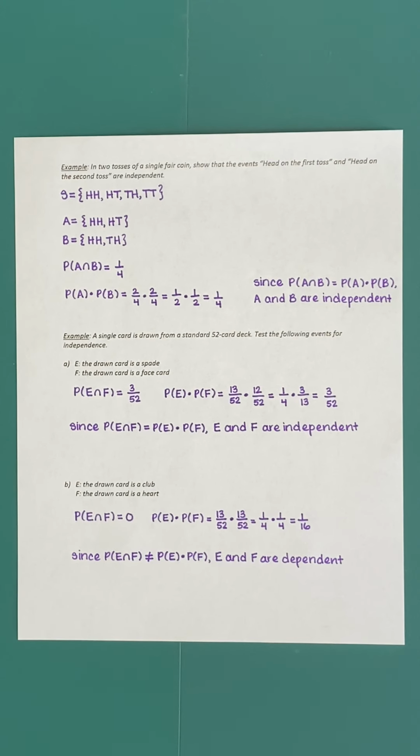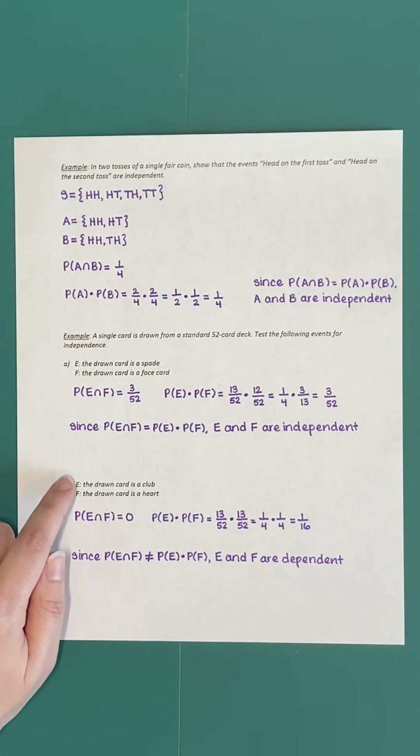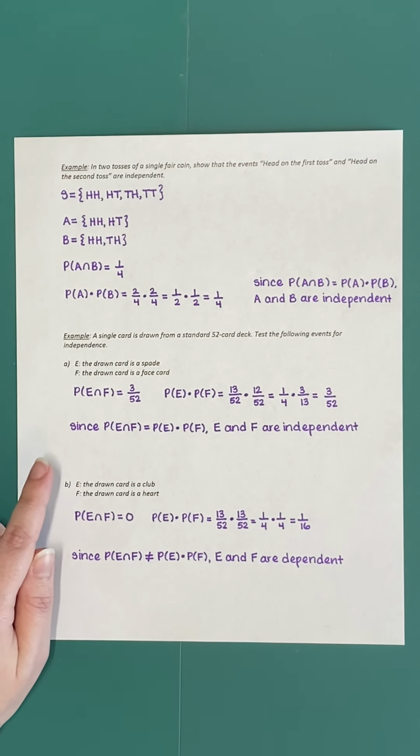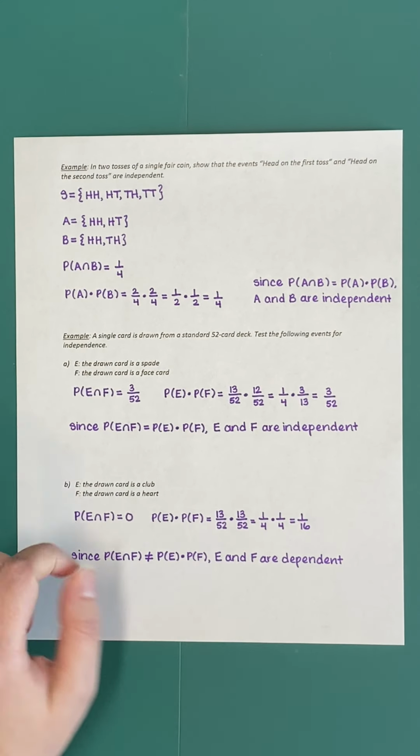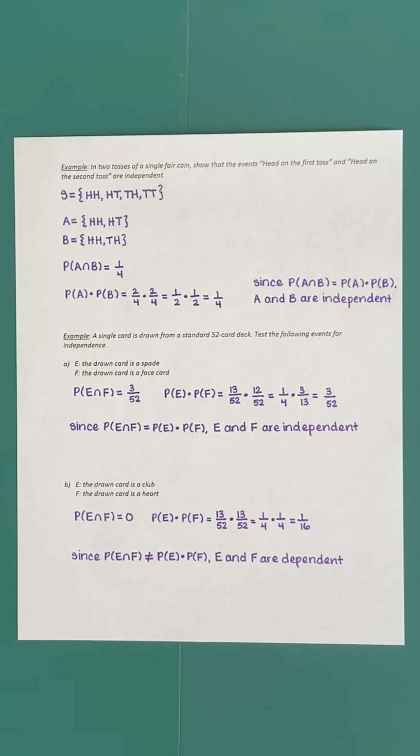dependent. Why are these two events dependent from a logical standpoint? Well, think about the events occurring in sequence. So say we did E first. We draw a card and it's a club. So imagine taking that one card and pulling it out of the deck, okay? The fact that you drew a club the first time now means that the ratio of cards in the deck changes.